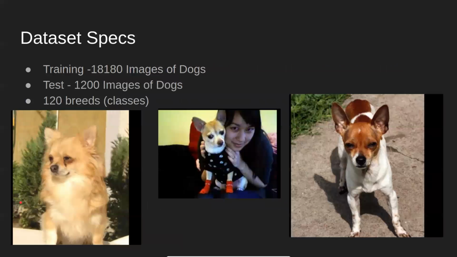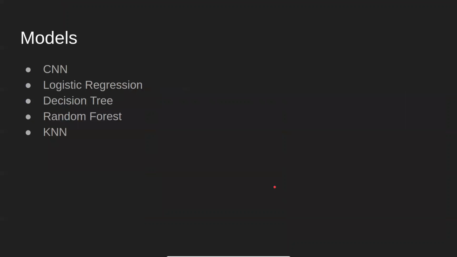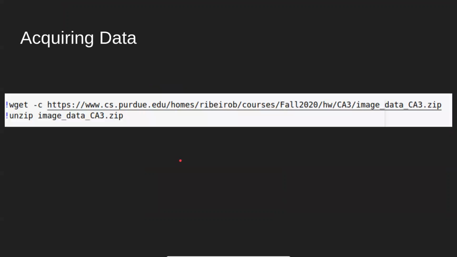The training set is this many images, the test set is 1,200, and there are 120 breeds or classes. These are some of the images. This is the Chihuahua. And here are the 5 models we are using: CNN, logistic regression, decision tree, random forest, and KNN.